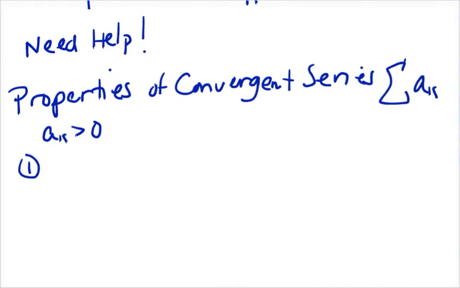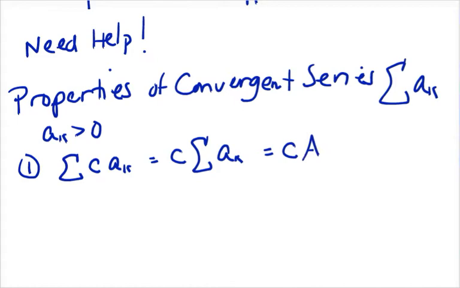So one of the first properties is that if you multiply each and every a_k by a constant, then you can just pull it out of the series and evaluate the series. If the series evaluates to A, then you multiply the A by the constant, okay?